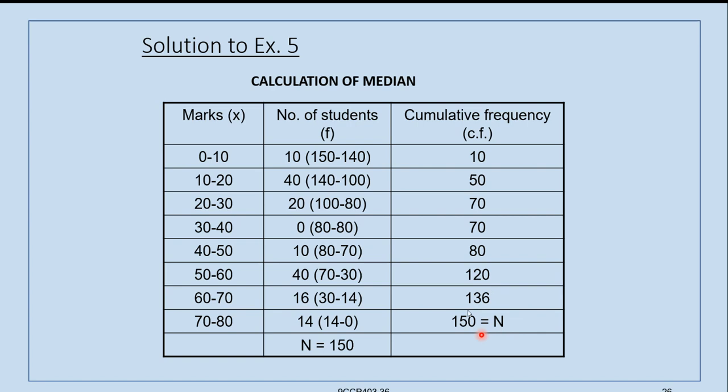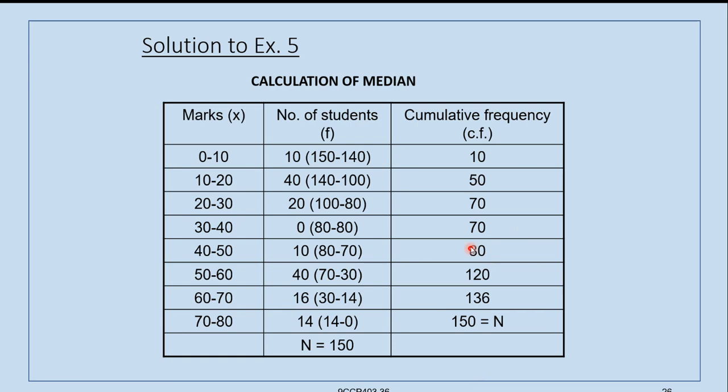That is n is equal to 150. So total frequencies are 150. That is n by 2 is 150 by 2, that is 75. So n by 2 is 75.